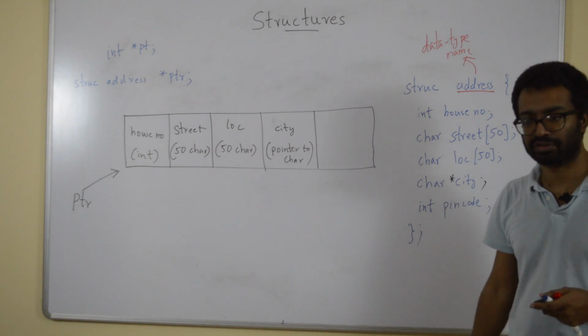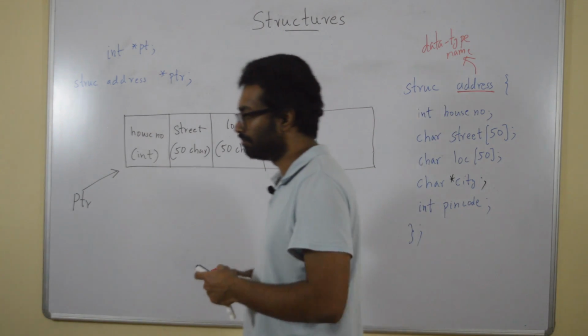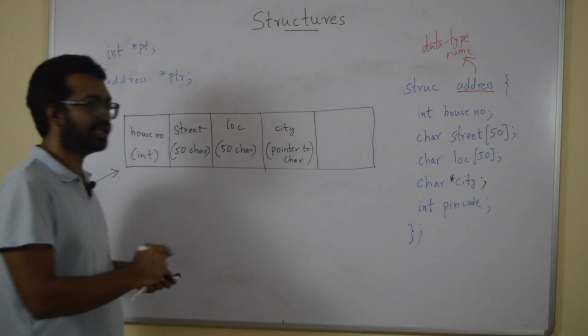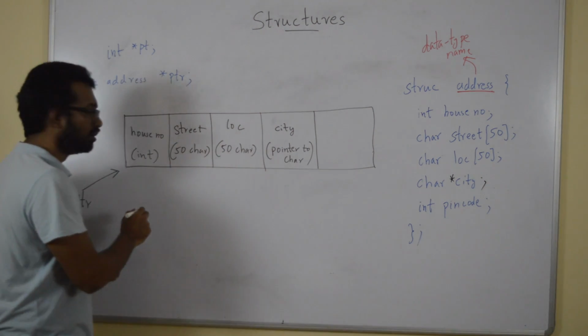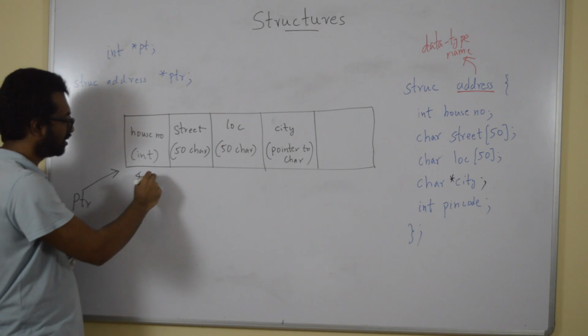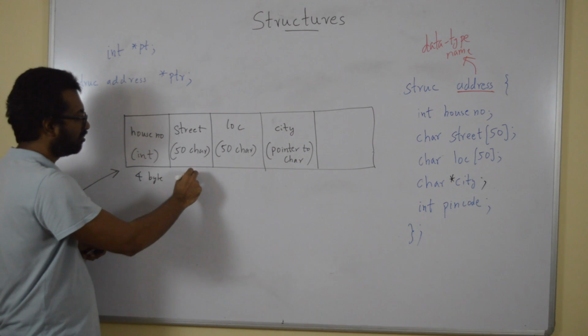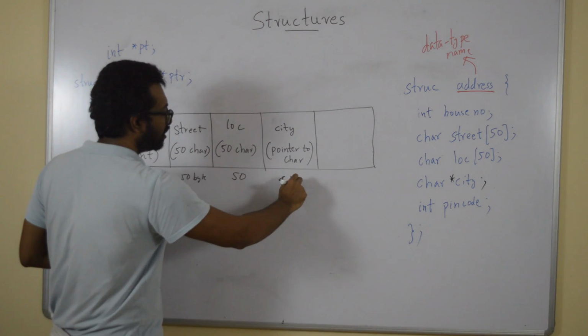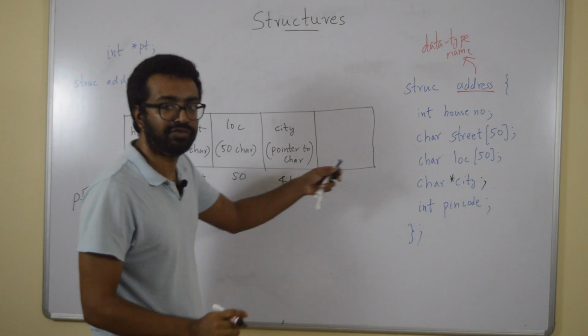That's my city. So how big is it? It's going to be like 4 bytes again. So this is 4 bytes, 50 bytes, 50, 4 bytes. And finally we have another int.